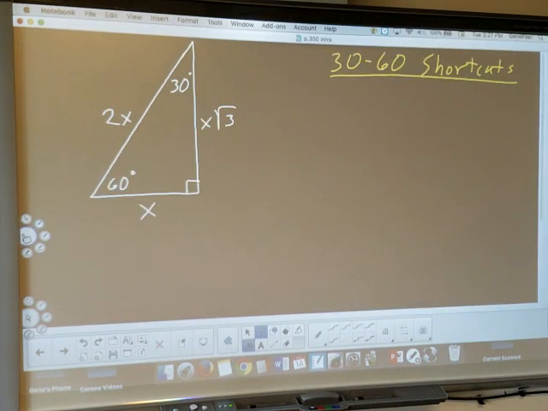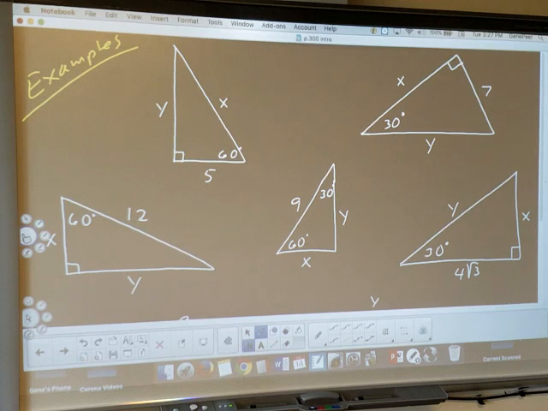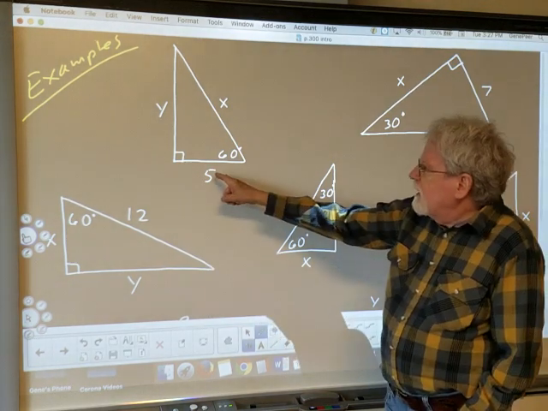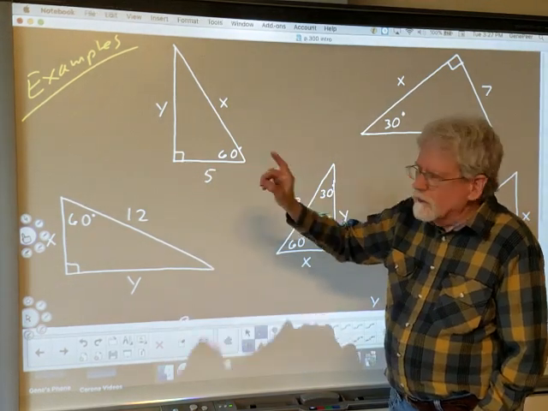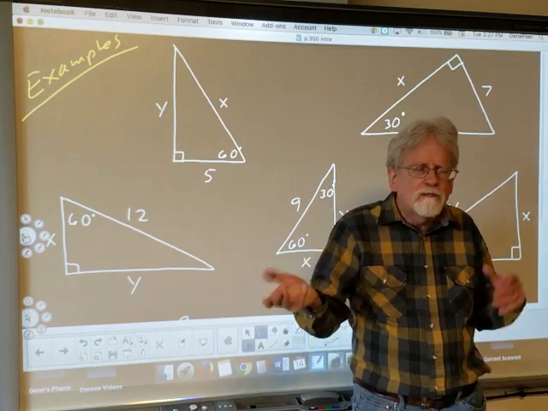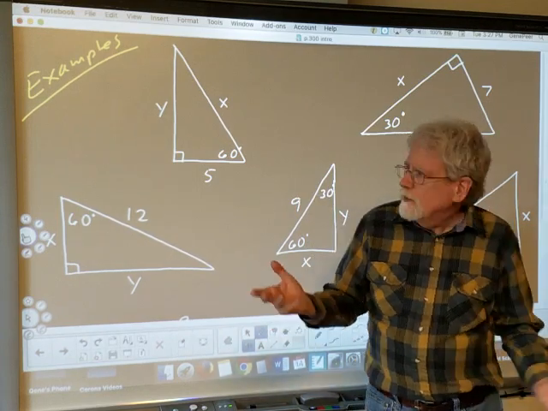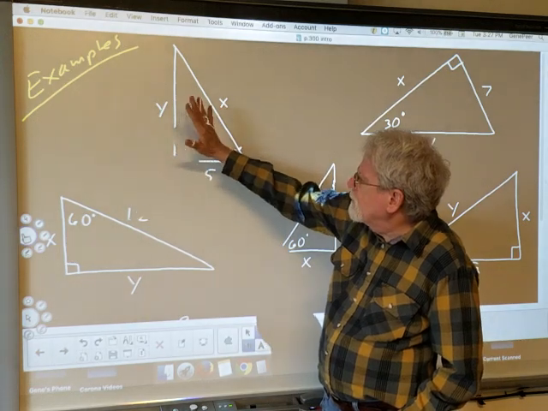Examples. Here we go. Short leg 5. Do not think in terms of left, right, up, and down, because in this case I've got the triangle flipped around the other way.